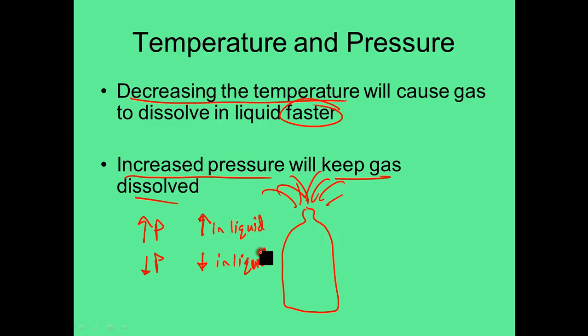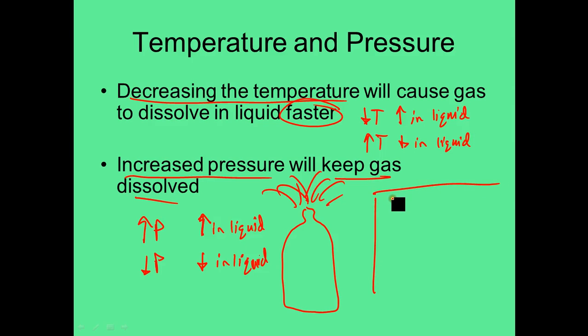So if I wrote a similar thing for this upper one, this would say decrease temperature, increase amount of gas in the liquid. If I increase the temperature, I decrease the amount in the liquid. All right, so that's how temperature and pressure affect the dissolving of gas in liquid.